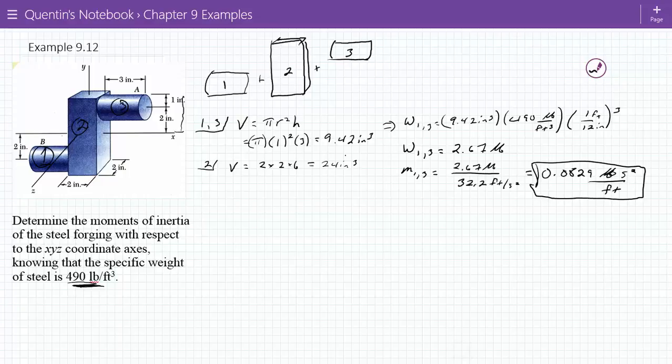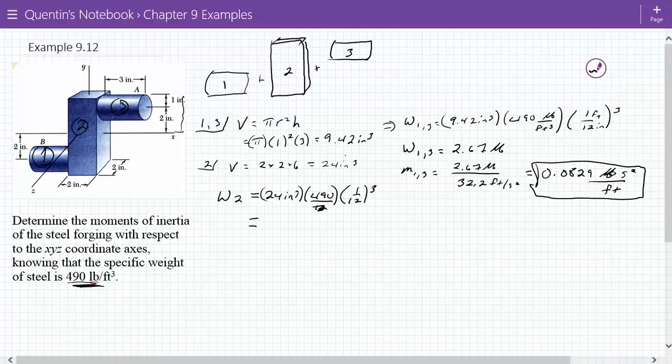And then the weight of 2 is 24 inches cubed times 490 pounds per foot cubed, and 1/12 cubed to make the units work out.